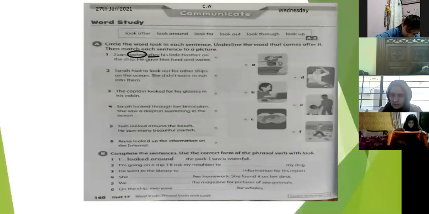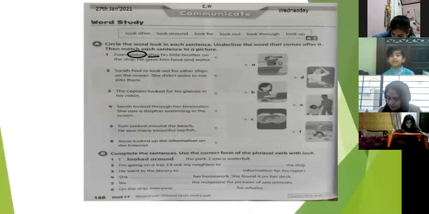It's better to write down the letter here rather than writing a picture. So which picture is it matching with? Joanne looked after his little brother on the ship. He gave him food and water. So it is matched with, yes, Isa?